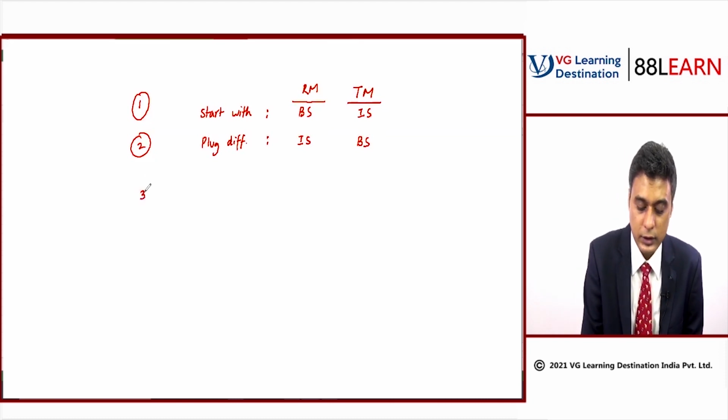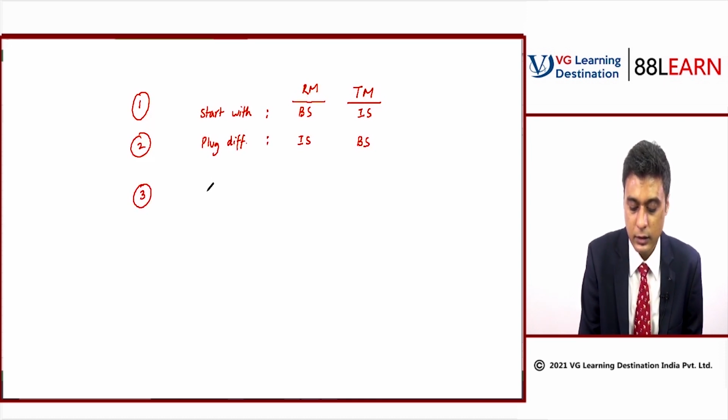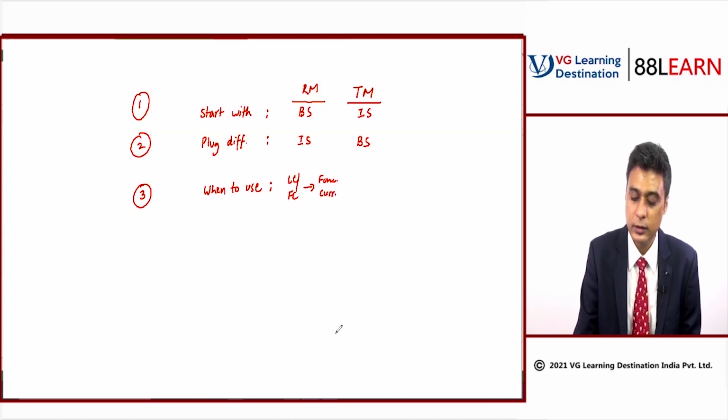And of course, the main difference is when to use which method. When you are going from the local currency or the foreign currency to the functional currency, then you use the remeasurement method.